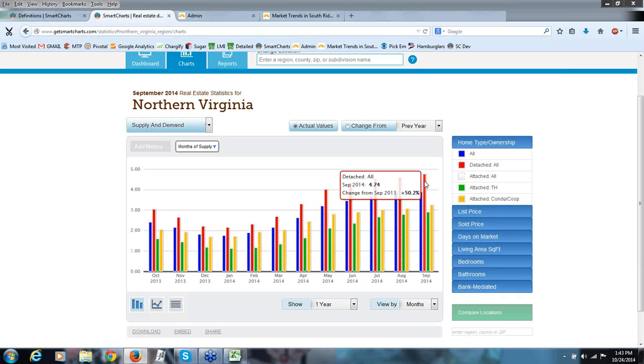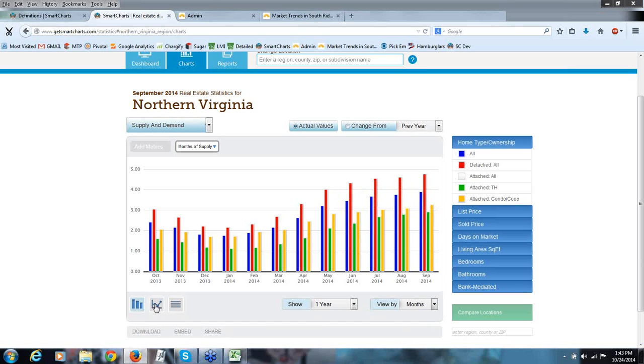So detached homes, the higher price points, obviously, are pricing some potential buyers out of that market. So there's a higher months of supply for detached homes. Attached townhouses, even though they're a bit more expensive than condos, there's more demand, obviously, for townhouses relative to supply than even for condos.